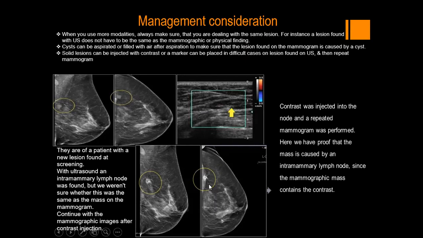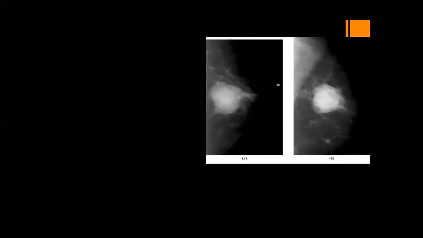In this case, they injected contrast and another mammography was performed, and the contrast is seen here in the lymph node. Otherwise, if there is a cyst, they can aspirate the cyst, inject air and do mammography, or they can put a clip or a marker within the lesion and then repeat the mammography. This is very essential to make sure we are talking about the same lesion.